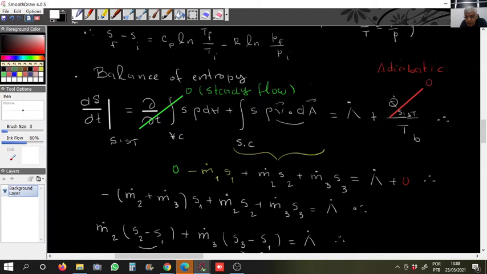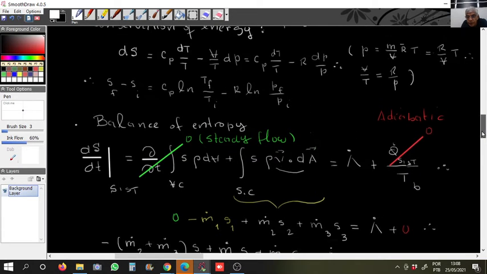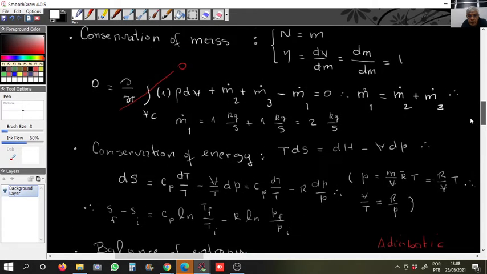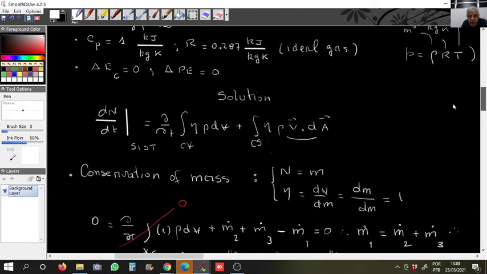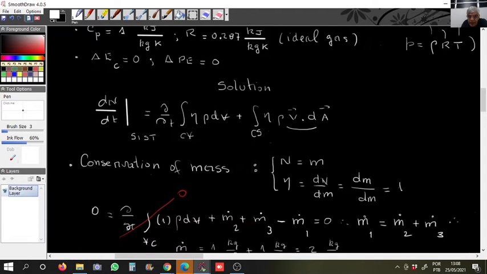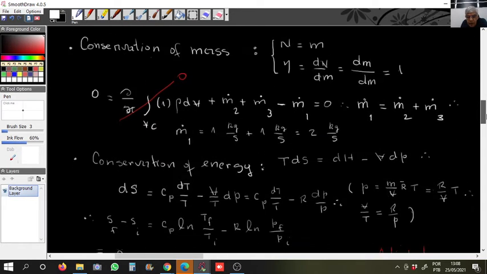Now, the entropy generation. You have to follow the steps that I emphasized in the last video. Now, minus m1 S1. Look, here my eta is S, for the entropy.